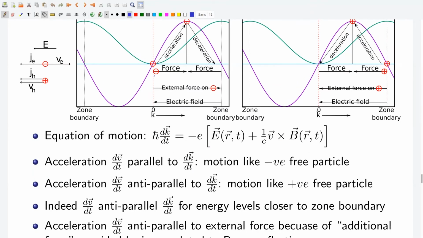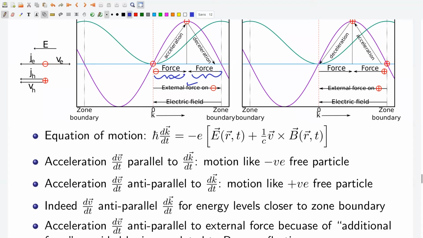Note that in this region, the net force on the electron is parallel to the external force due to the electric field, and the electron accelerates in this region. However, in this region, the net force on the electron is antiparallel to the external force due to the electric field, and as a result, it decelerates.